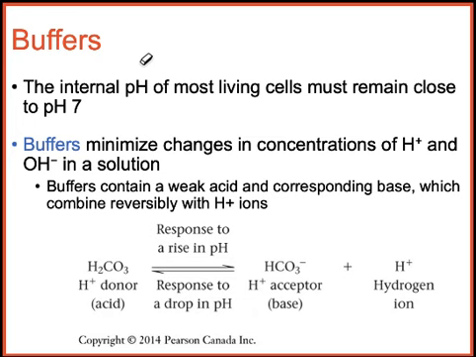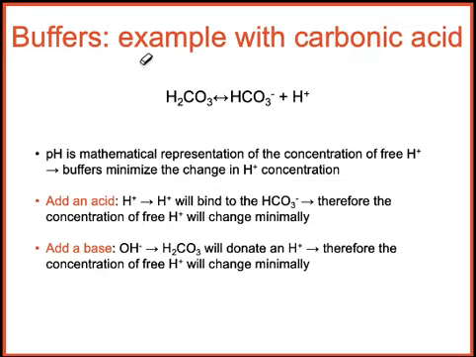So basically, let's look over here. The pH is a mathematical representation of the concentration of free H plus. These buffers are minimizing the change of hydrogen. If we add an acid, we're adding H plus, and H plus will bind to this bicarbonate on the right, HCO3 minus. Therefore, the concentration of free H plus will change minimally.